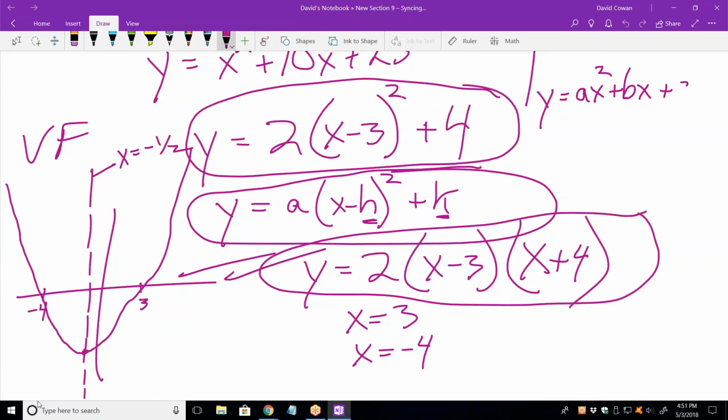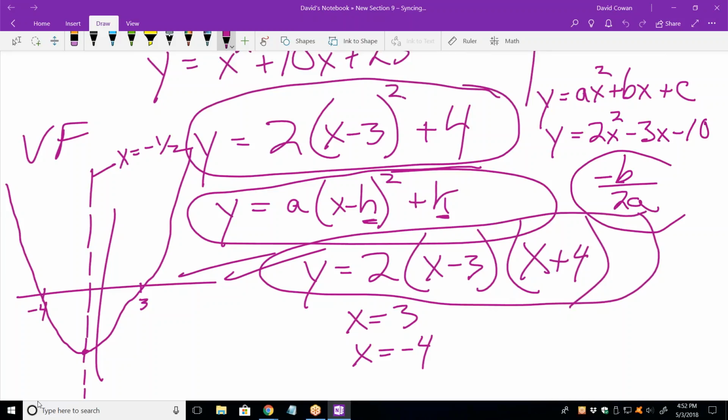The only advantage of standard format is it's not very hard to figure out the x-coordinate of the vertex, because it's minus b over 2a. So that immediately gives you the x-coordinate of the vertex. Once you get it, you can plug it into the function to figure out what its y-coordinate is.